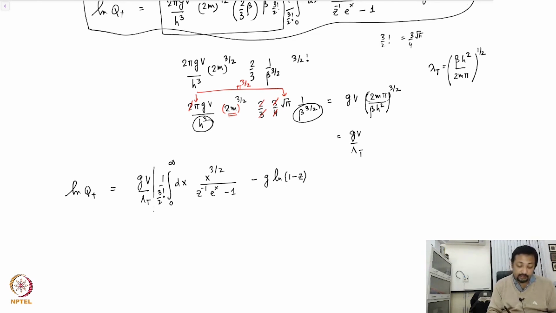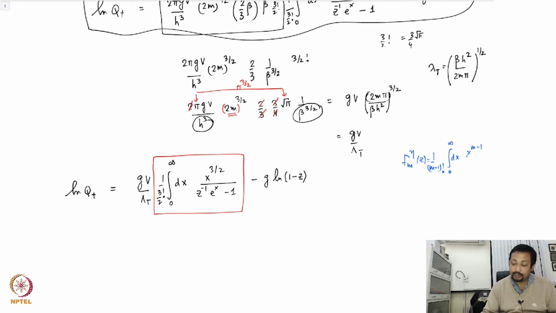Now clearly this is the part which looks very familiar. And if you recall, f m eta of z was 1 over m minus 1 factorial, integral 0 to infinity dx x to the power m minus 1 over z inverse e to the power x minus 1.